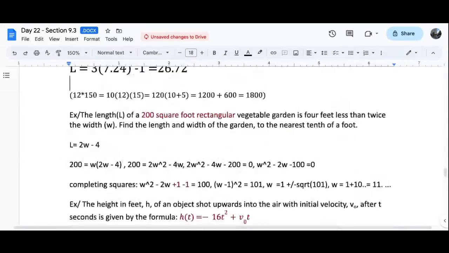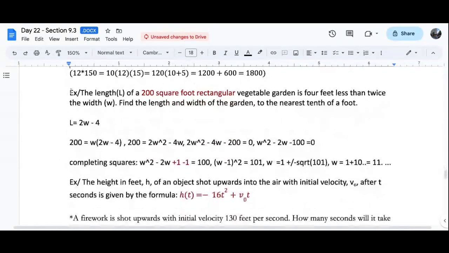Let's see this example. The length, we use L to represent, of a 200 square feet rectangular vegetable garden. So we imagine a rectangle whose area is 200, which means the length times the width is 200 square feet.